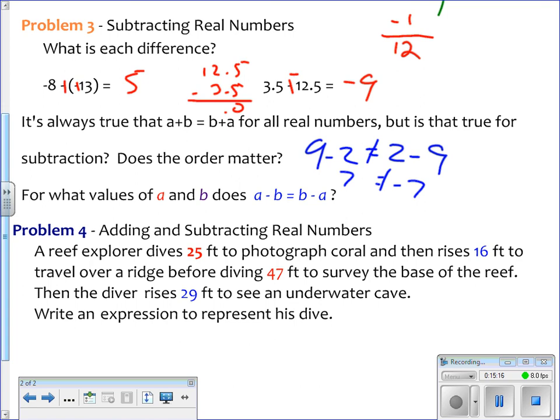The only time this works is when A and B are the same thing. So generally speaking, it doesn't work. So generally speaking, we do not say subtraction. By the way, this is the commutative rule because we're moving numbers. When you commute, you move. I can commute for addition. I can commute for multiplication, but not for subtraction or division.